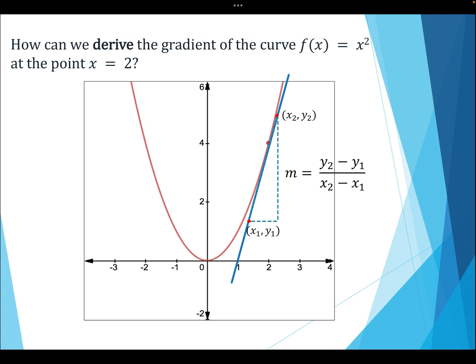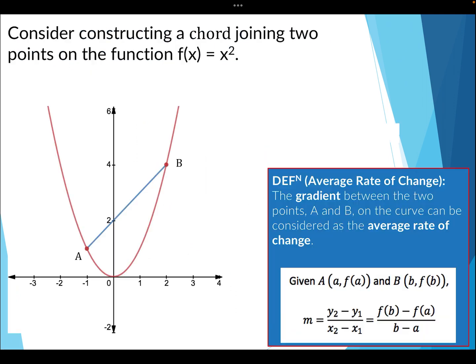Alright? This time we're going to take this a little bit further. Let's construct a chord joining 2 points on the function f(x) equals x squared. Let's call it point A. Now I'm going to define the gradient between the 2 points A and B on the curve as the average rate of change.